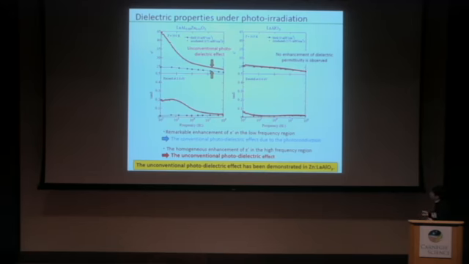So this behavior is just the unconventional photodielectric effect. Furthermore, no enhancement of dielectric permittivity is observed in pure lanthanum aluminate. This result suggests that the heterovalent zinc substitution is important for the emergence of unconventional photodielectric effect.